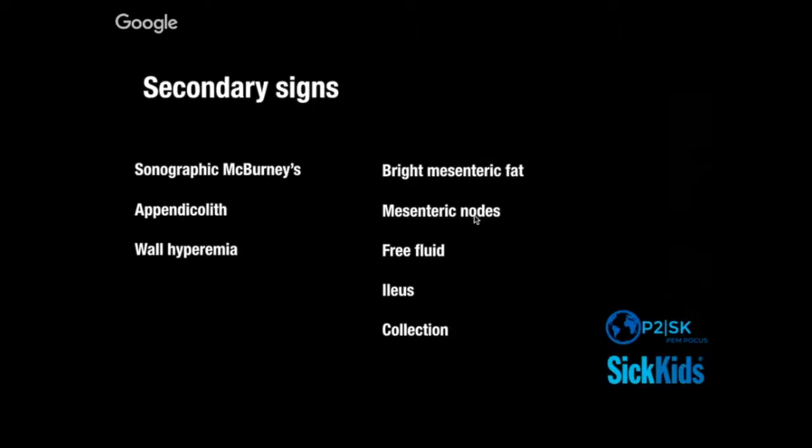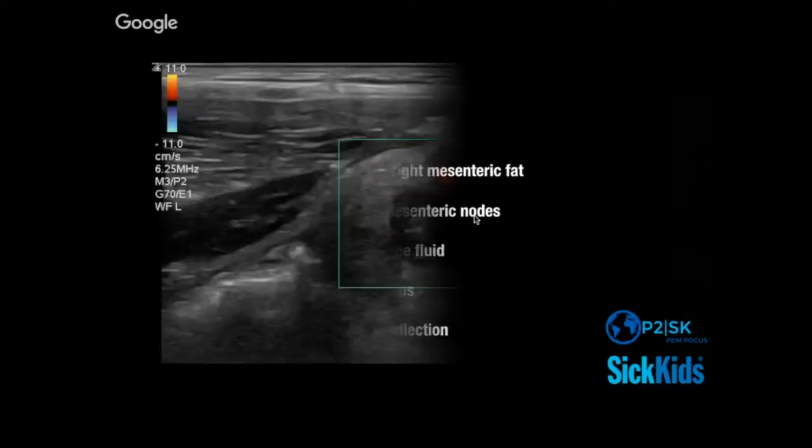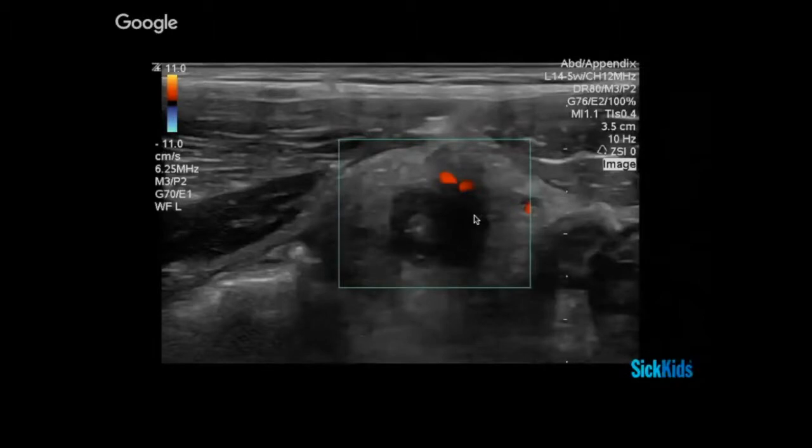Free fluid, whether that's in little tiny wedges or whether those are larger areas of free fluid, whether they're turbid or they're clear. Focal, or sometimes with perforation, even diffuse ileus. And then collections, simple, complex, organized, unorganized. So let's go through a bunch of things, and you guys tell me what you think.